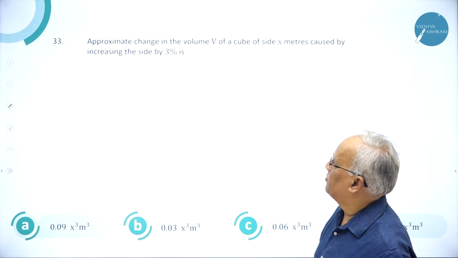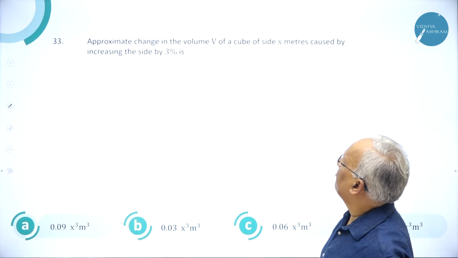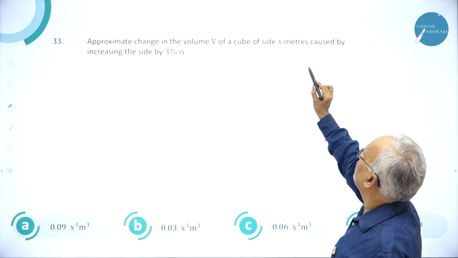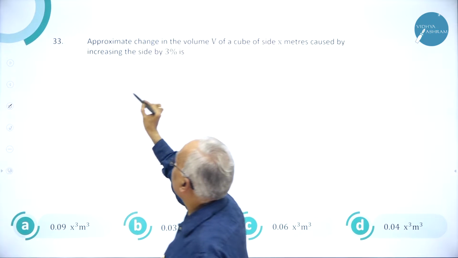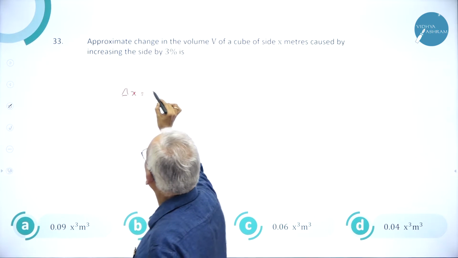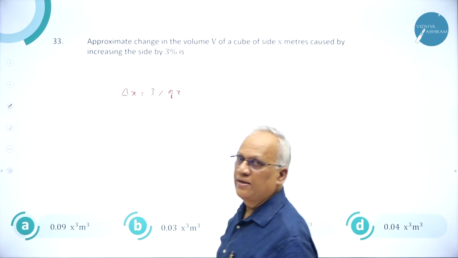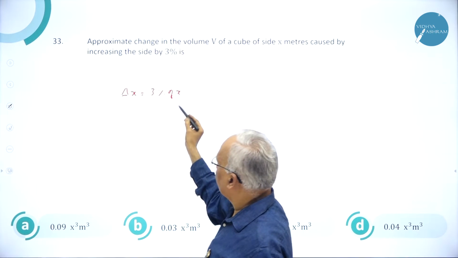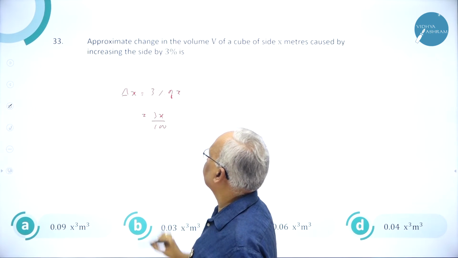Next, go to 33rd. The approximate change in volume V of a cube of side x meters caused by an increase in side by 3%. So given that the increase in x, delta x, is equal to 3% of x. Increasing by 3% means 3% of x, which is equal to 3x by 100.